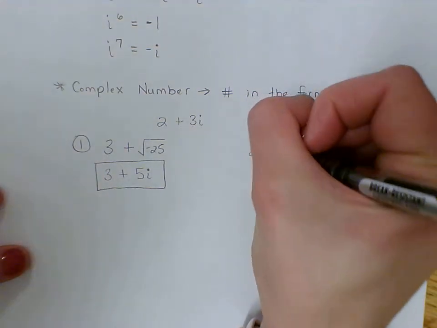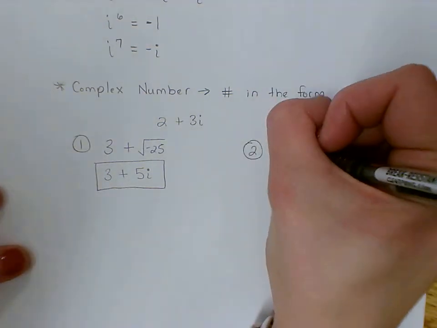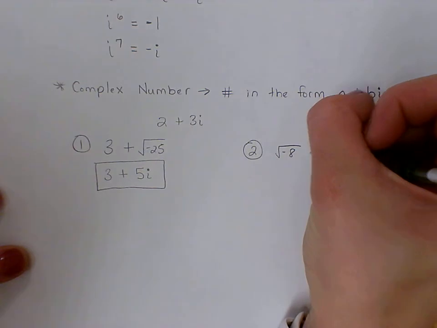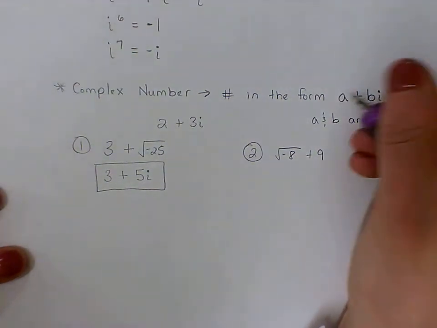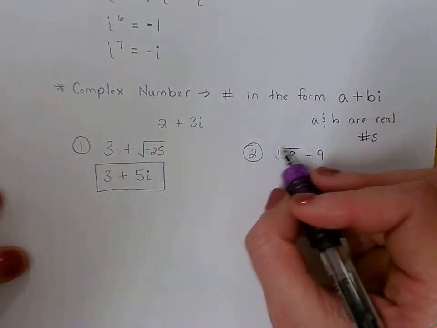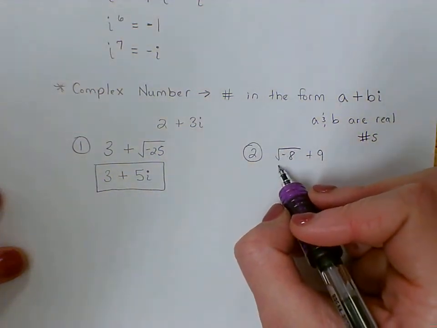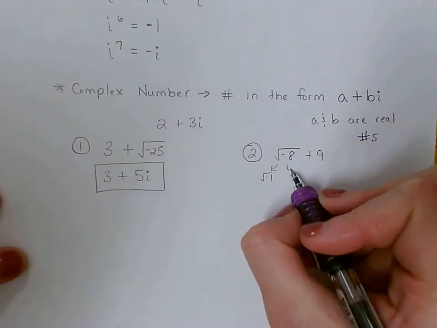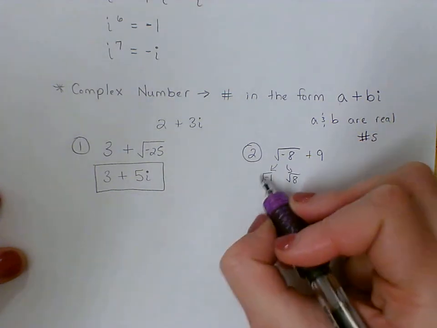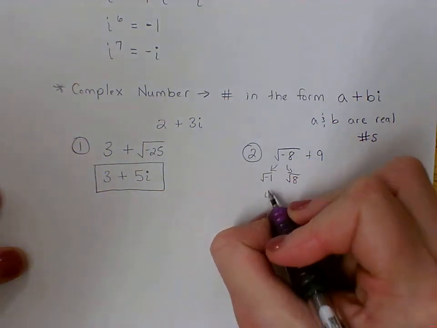Okay, so what if you had something like this? Well, if you had to write it as a complex number, you have to simplify the radical first. So let's figure out what that is. So break it up. You got the square root of -1, and then you have the square root of 8. So the square root of -1 ends up being your i.